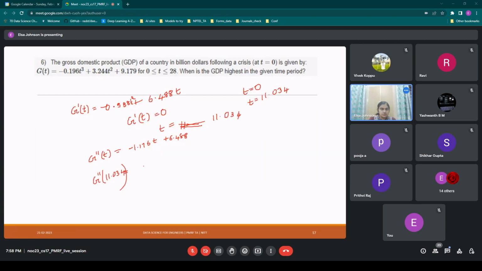So, can you tell me, this one was, what was the answer? Minus 6.488. Okay. 4879 and g double dash of 0. What value are you given for 5.177? What is that value, Pooja?